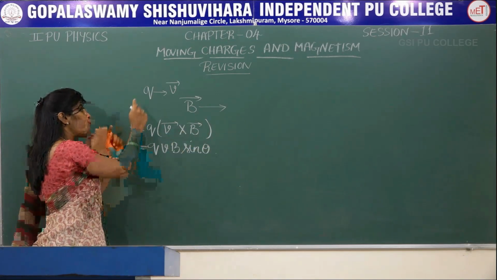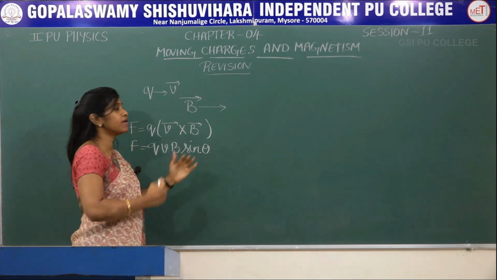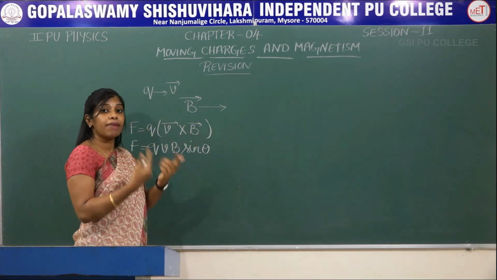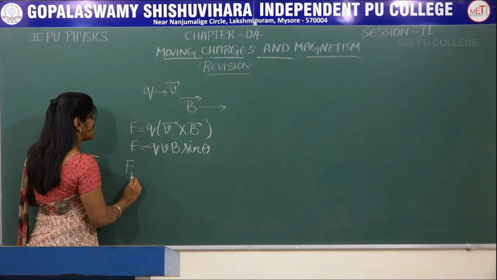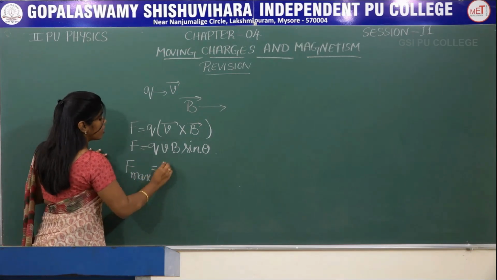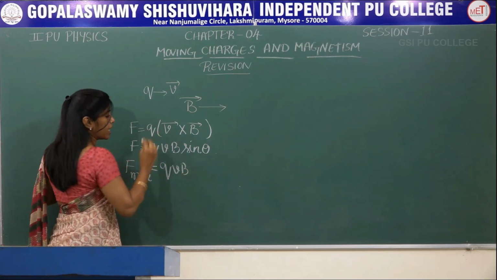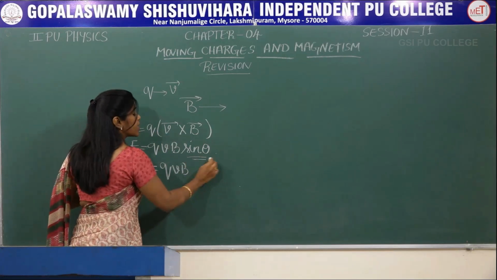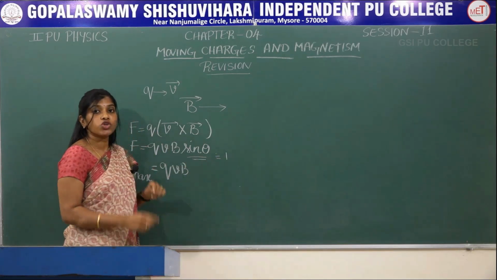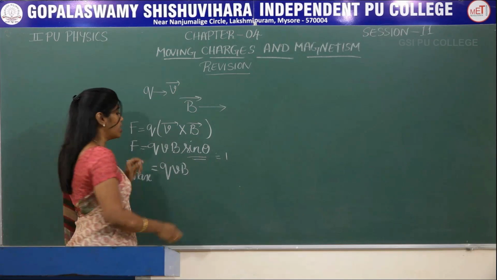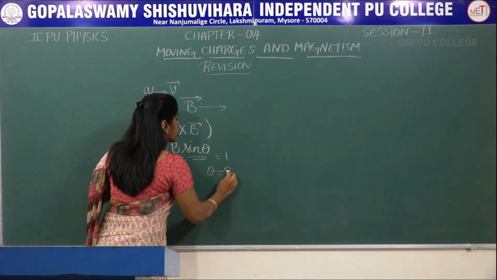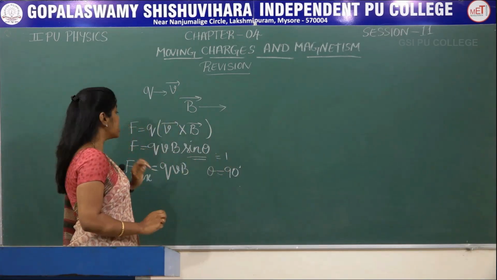Now the force acting on this charge which is moving in the magnetic field will be maximum, equal to QVB, when sine theta becomes equal to 1. So when is sine theta equal to 1? When theta becomes equal to 90 degrees.